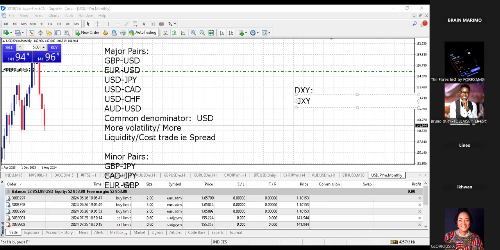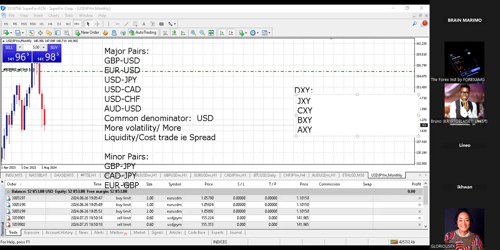JXY is the Japanese yen, CXY the Canadian dollar, PXY would be your British pound, and AXY could be the Australian dollar, stand corrected, right?